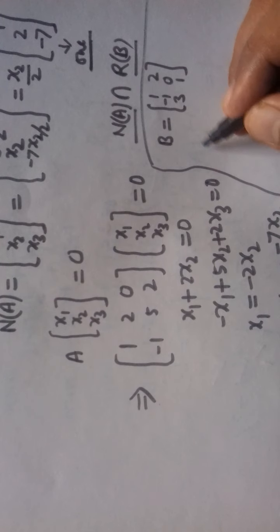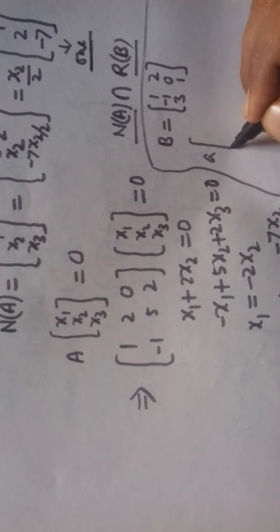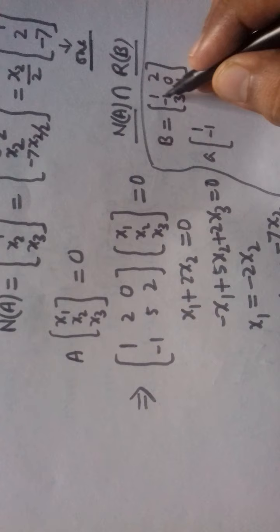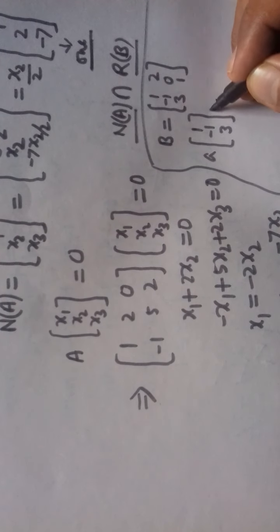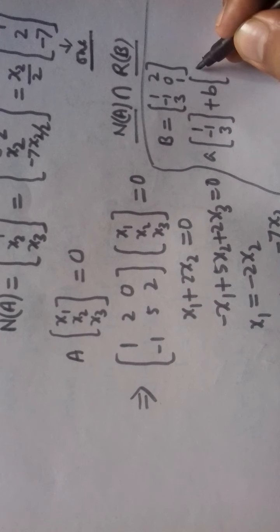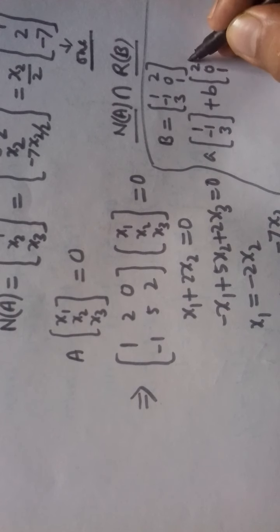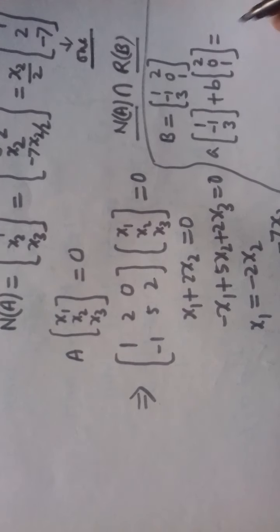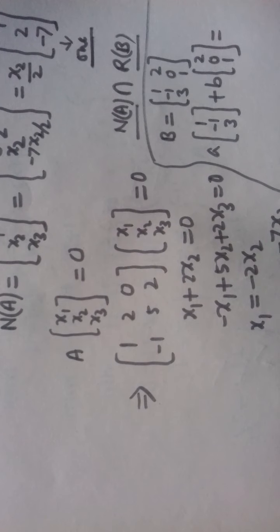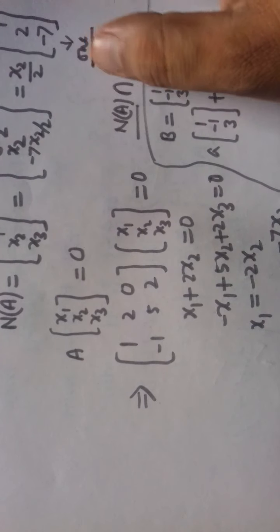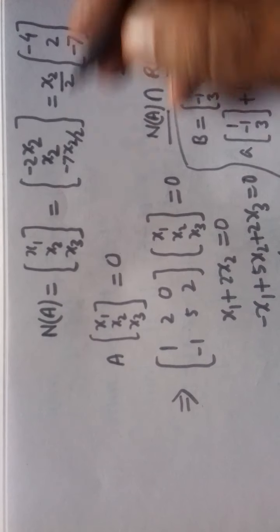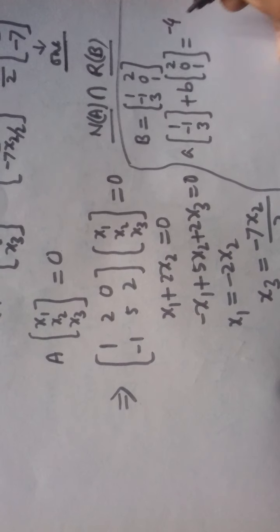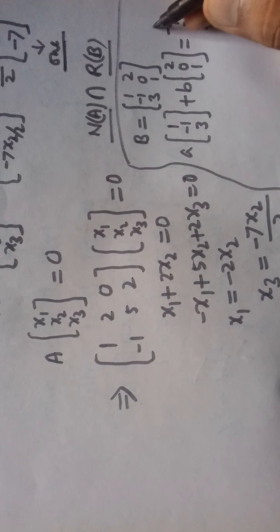To get the range space we take the span of the columns: a times the first column plus b times another column 2, 0, 1. After the equality sign we put the basis of the null space, minus 4, 2, minus 7.